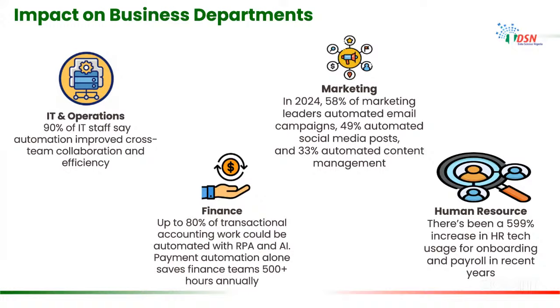And for businesses, this is what we are seeing as the impact, whereby IT and operations across multiple organizations globally are already automating some tasks. 90% of IT staff interviewed in a particular survey were already automating their tasks to improve cross-team collaboration and efficiency. Marketing is another key area where we are seeing automation being implemented, from lead generation to customer support to social media lead qualification, all the way to closing some leads.